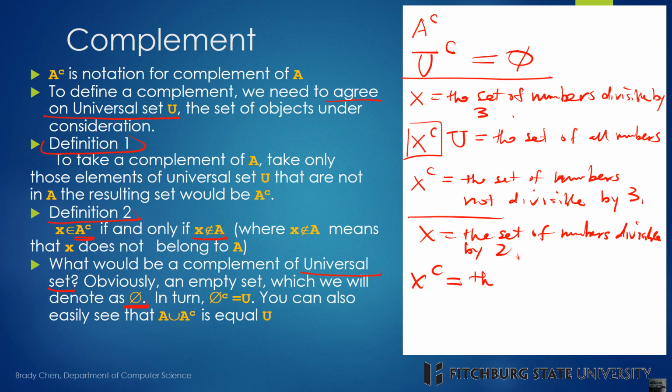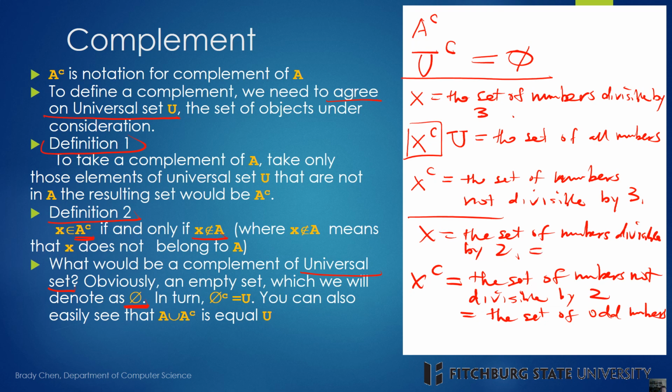But we can also say it's the set of odd numbers. Now, the set of numbers divisible by 2 can be viewed as the set of even numbers, right?